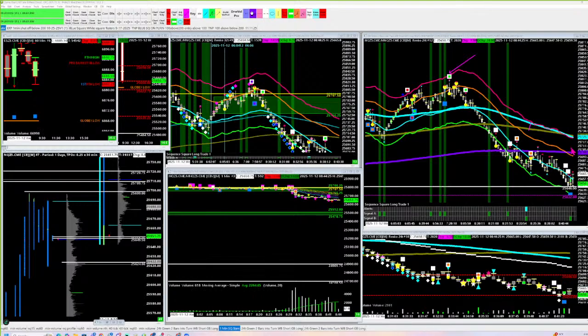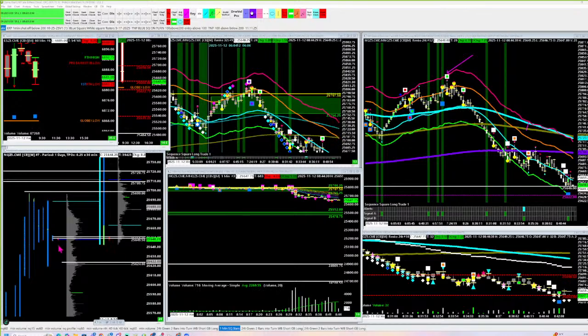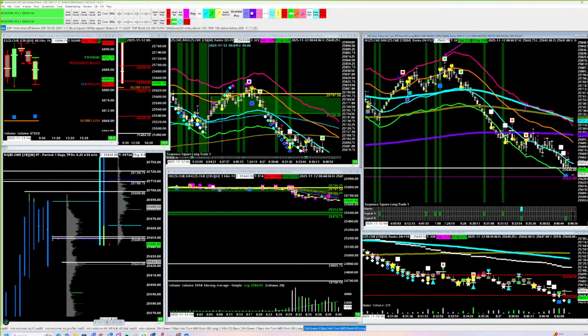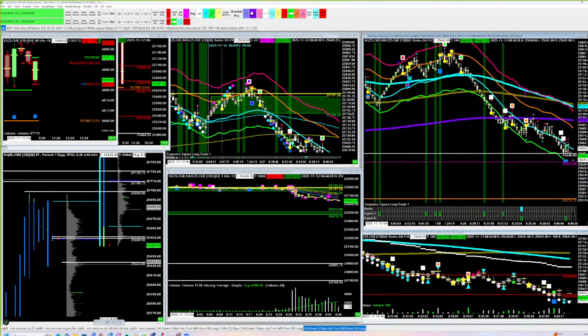That's as open drive lower as it gets, guys. Coming into retail got fill right here. You would generally think they're going to try and pop it out of that, but that's as open drive lower as it gets.